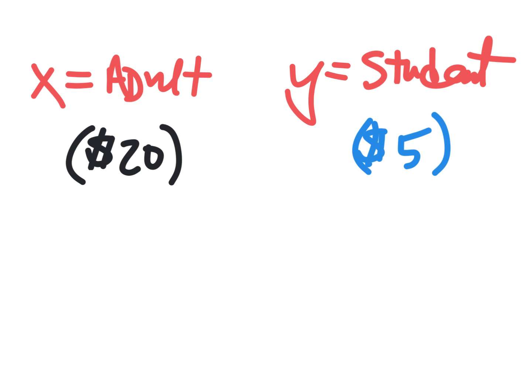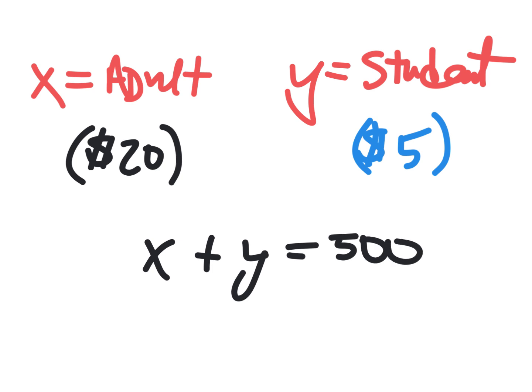There'll be another equation involving money in a second, but this one is just it holds 500 people. Do you get that means X plus Y is 500? Who had that already on your paper? Okay, good. That's all there is to that.